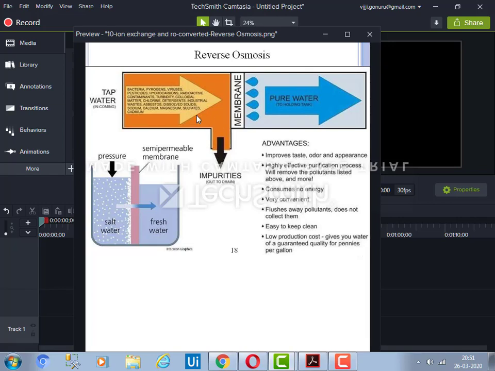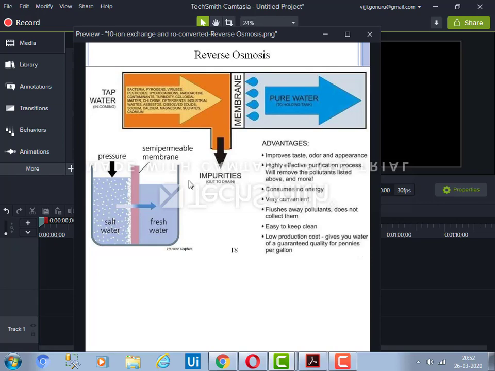This is the chamber filled with the salt water and this is the chamber filled with the pure water, and these two solutions are separated by the semi-permeable membrane. The semi-permeable membrane allows only the solvent particles, not the solute particles, and this is the outlet for removing the impurities. Impurities are nothing but solute here.